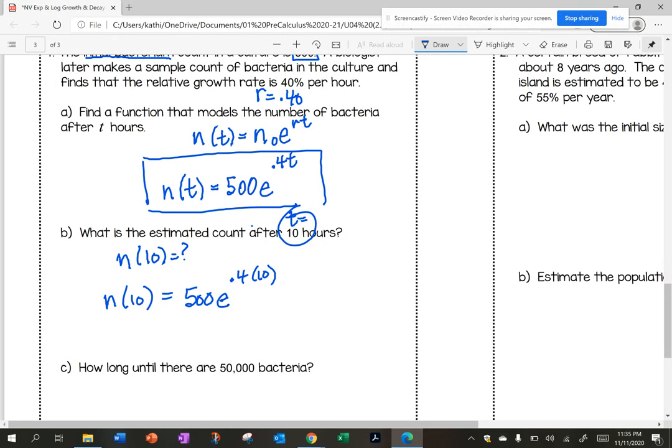So in the math world, we usually round to 3 decimal places. When I put this in my calculator, and I have a button that has e on the calculator, in the math world, what I would say is this is 27,299.075 bacterium.